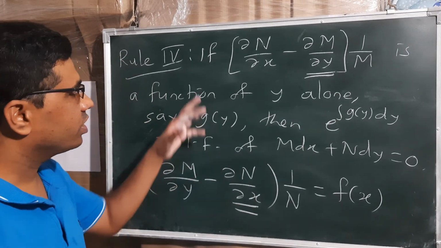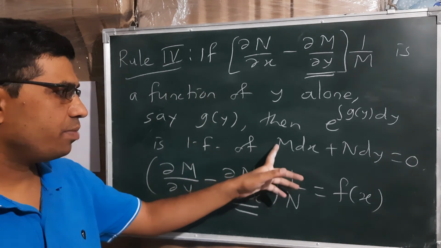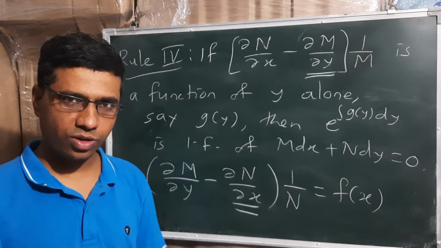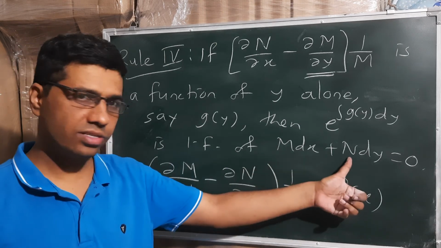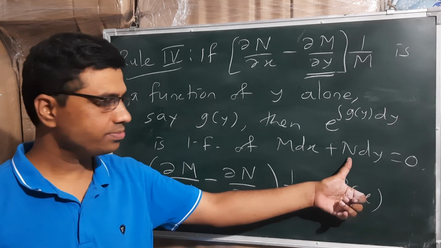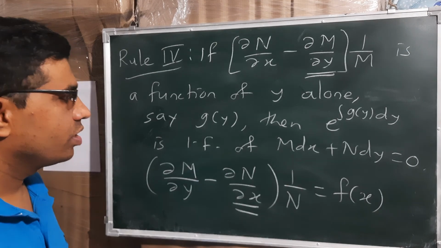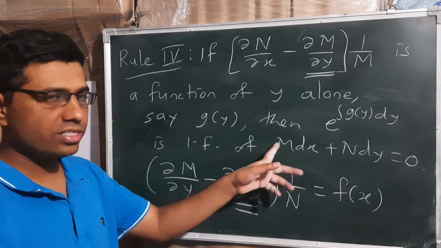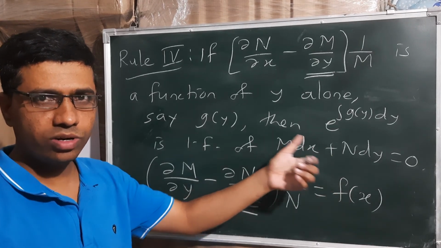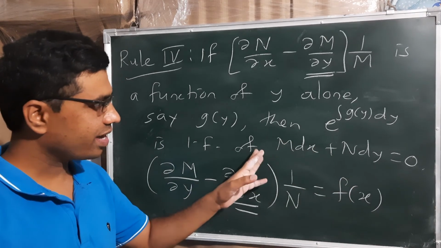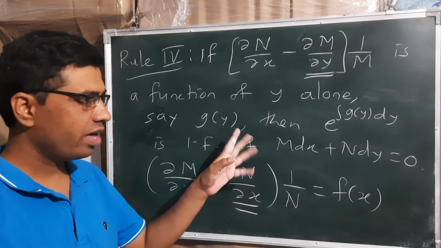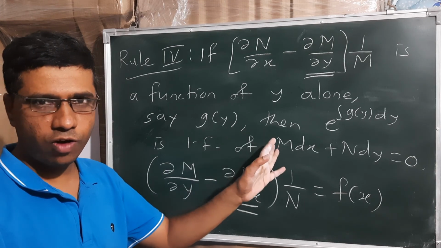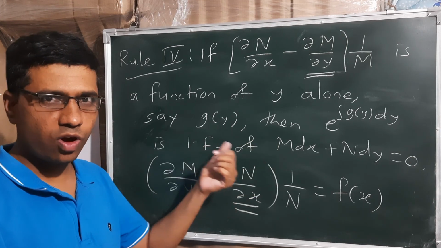So given differential equation m dx plus n dy equal to 0, if it is a homogeneous differential equation and mx plus ny is non-zero, then the first rule can be used. In the second rule, you will have functions of the form x into f of xy, y into g of xy.